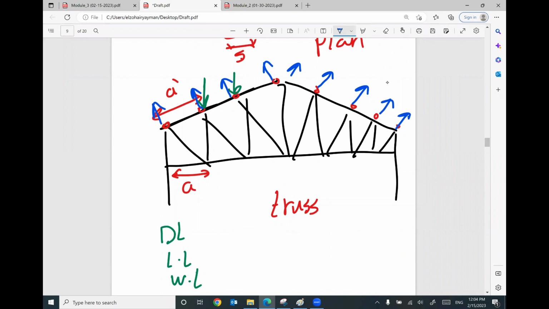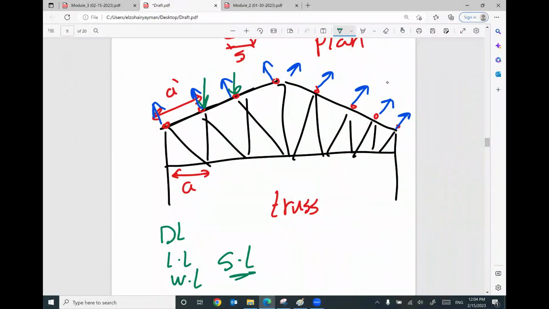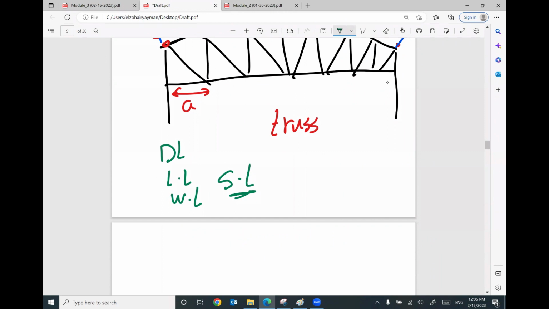And also, finally, what is the snow load at each joint of your truss will be vertical load. After you calculated these loads as a concentrated load at each joint, we used the last meeting RISA.